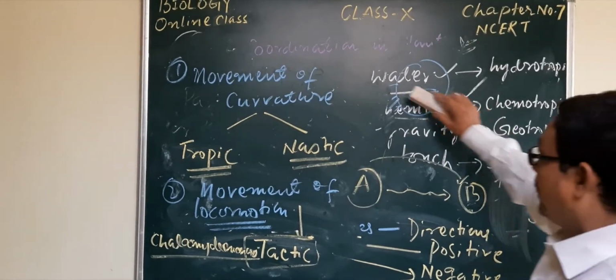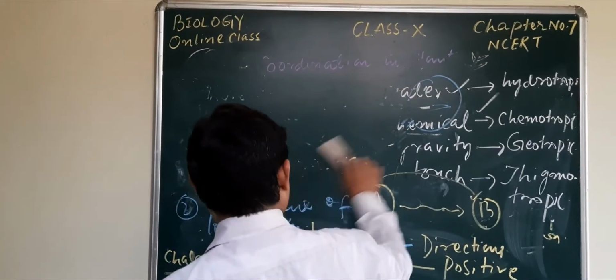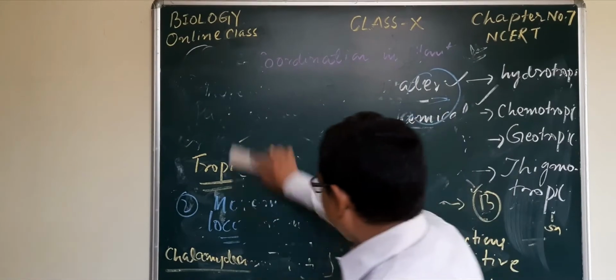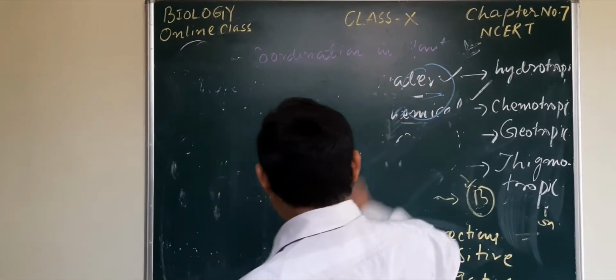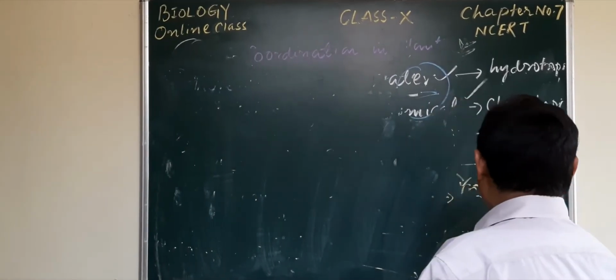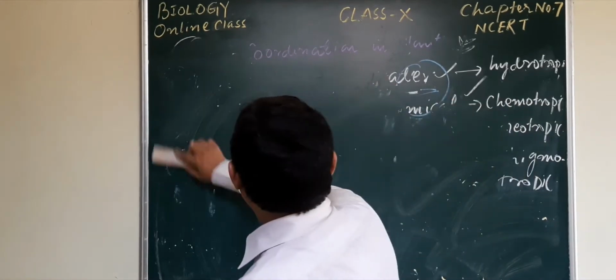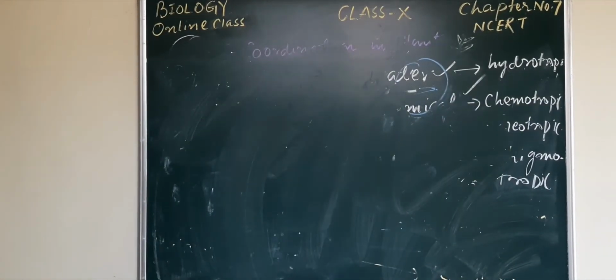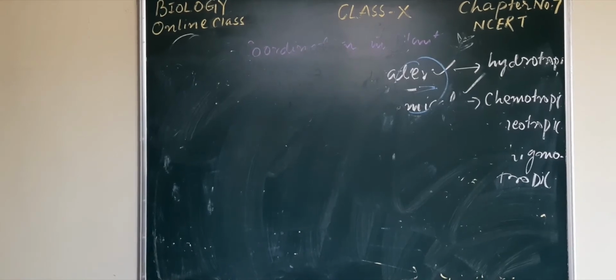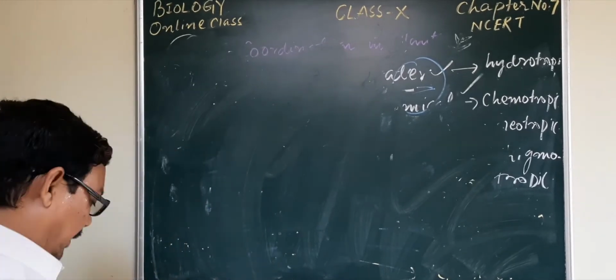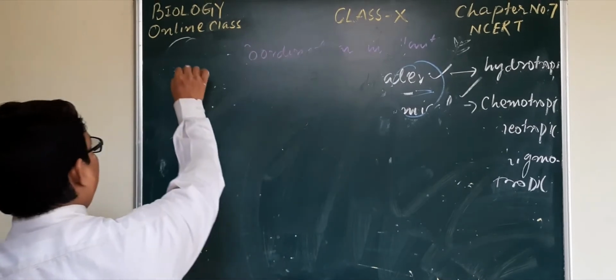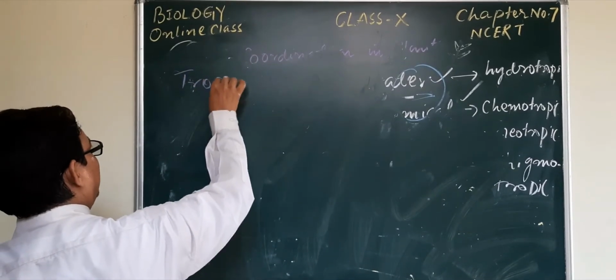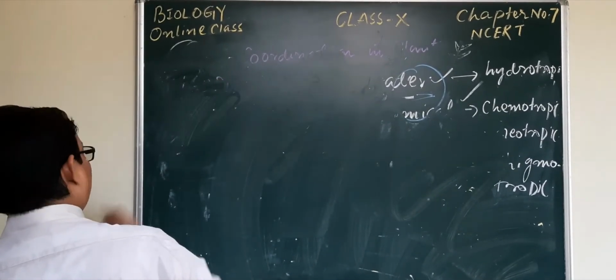Now come to know how the auxins are involved during the tropic movement. Here is the example with the important type of movement, tropic movement we are discussing here.